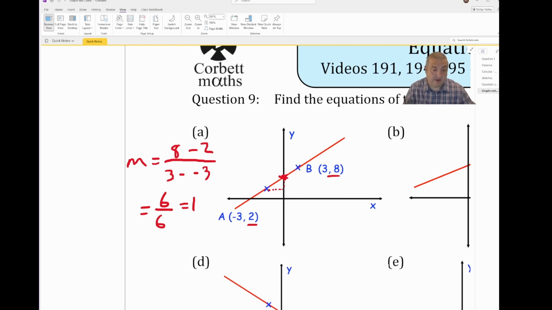Well, this was 2 here, the height, and we're going up 3. So this point here must be (0, 5) as coordinates. So our value for c has got to equal 5.